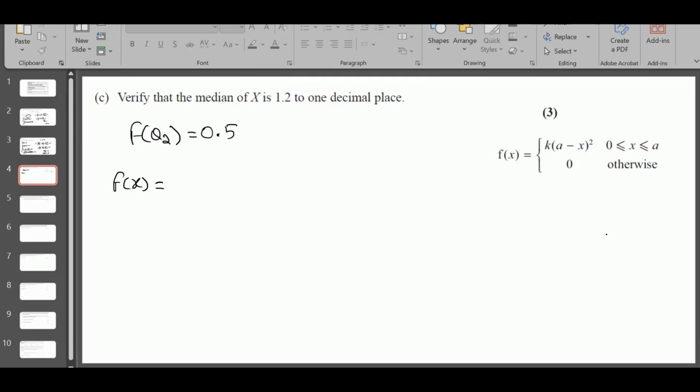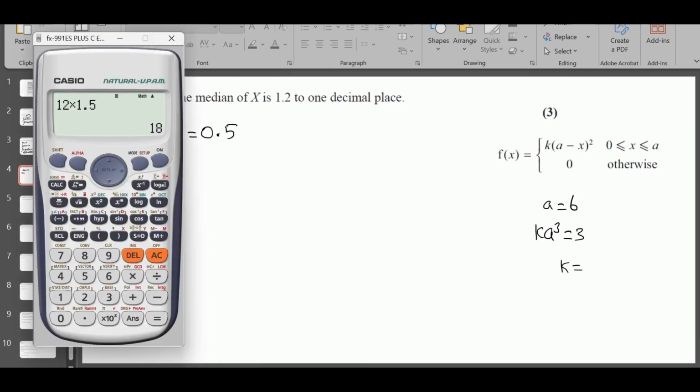So I'm going to get, we know a is 6. We know ka cubed is 3. We can get the value of k, right? K is basically 3 over 6 cubed, 1 over 72.